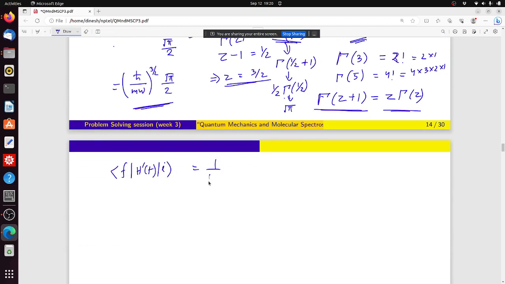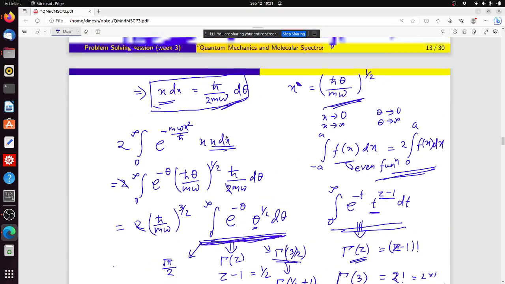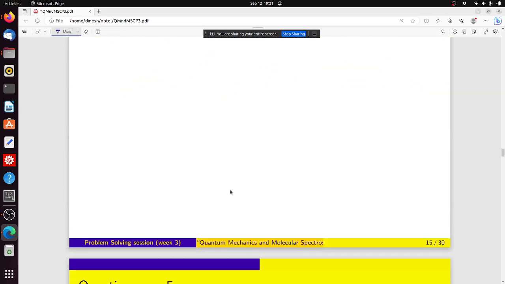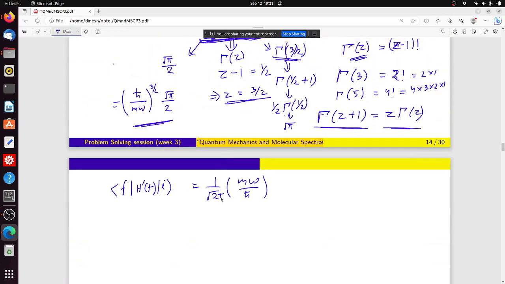This will give me 1 by 2, m omega by h cross to the power half, m omega by h cross to the power half. 1 pi is there, so I can put it here, and 2 is there, and from this part I am getting root pi by 2, 2 h cross by m omega to the power 3 over 2.